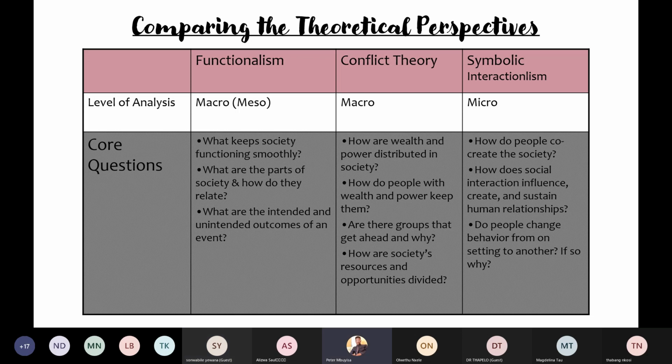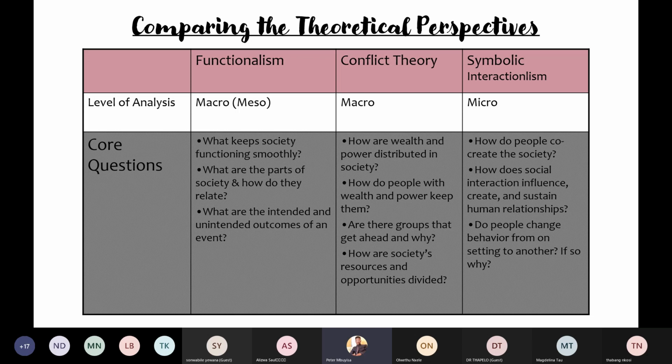Next one. Religion. Religion. Last one. Family. Family, yes. So those are your 5 institutions. Write it down somewhere. We have religion, education, economy, politics, and the family. So those are the 5 institutions.